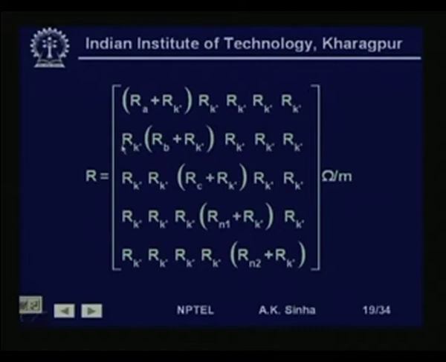Similarly, R 1 2 will be R k dash, R 2 2 will be R b plus R k dash, R 2 3 will be R k dash, and so on. So, this is a 5 by 5 matrix which gives resistance in ohms per meter for this 5 conductor system.